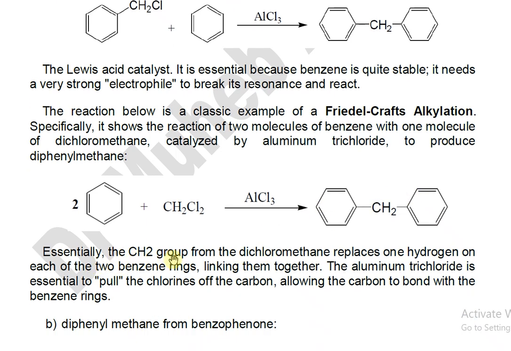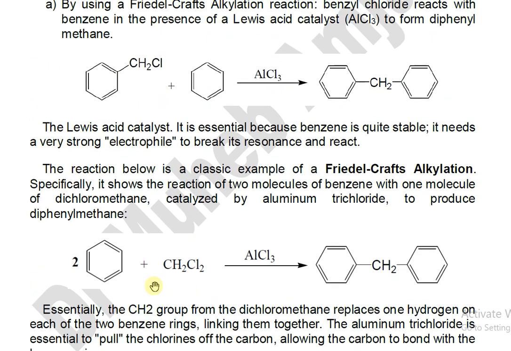So the CH2 group from the dichloromethane replaces one hydrogen on each of the benzene rings, linking them together. This is the total reaction. The aluminum chloride is, as we said, a very essential catalyst here to pull the chlorine off the carbon, allowing the carbon to bond with the benzene ring.